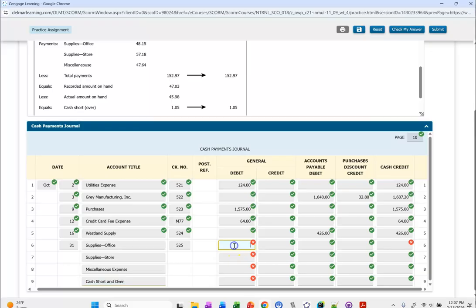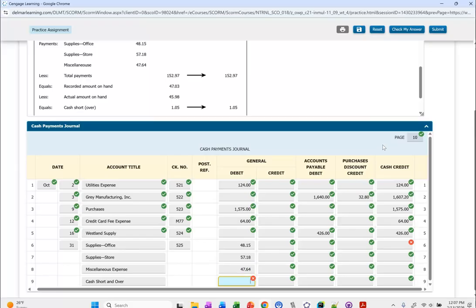Okay, so in the debit columns, I'm going to have a debit to office supplies of $48.15. I'm going to have a debit to store supplies of $57.18. A debit to miscellaneous for $47.64.